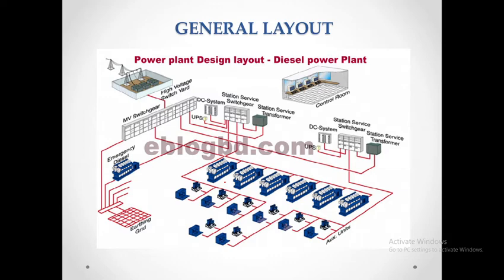Now let us see the layout of the diesel power plant. The picture shows the layout of the diesel power plant. Here we can see the emergency diesel, the earthing grid, and the auxiliary units.